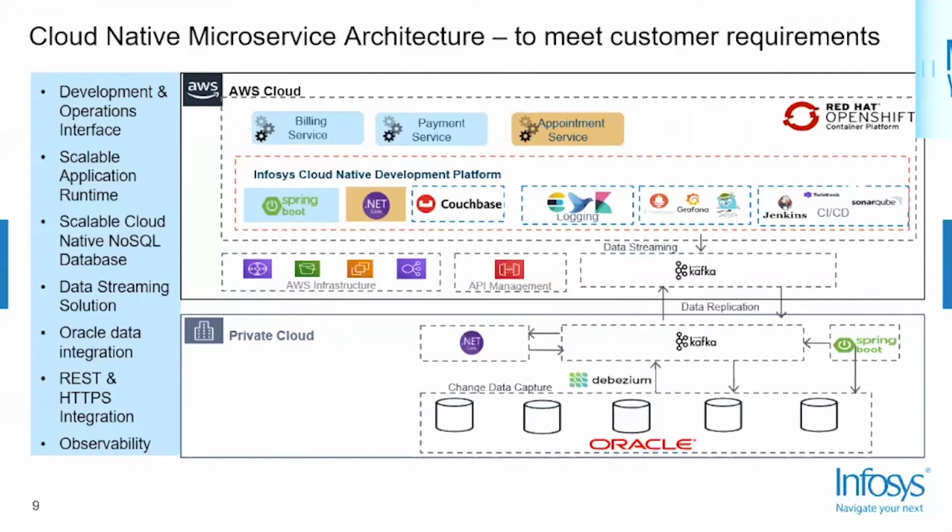It provisions Couchbase clusters in the backend. It also provides completely customized dashboards for logging, monitoring, and provides an end-to-end CI/CD platform. On top of that, you can see we start building multiple business services, in this case a billing service, payment service, or appointment service, and so on. Different services built on different technologies.